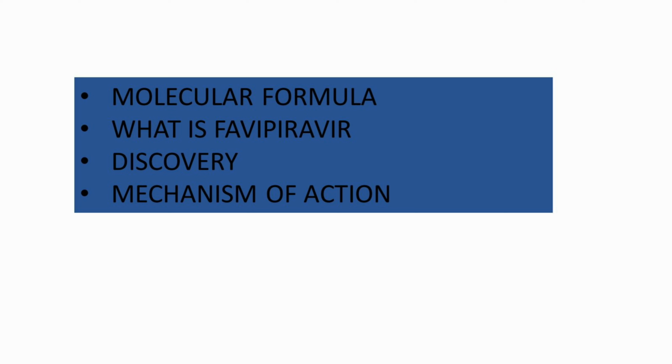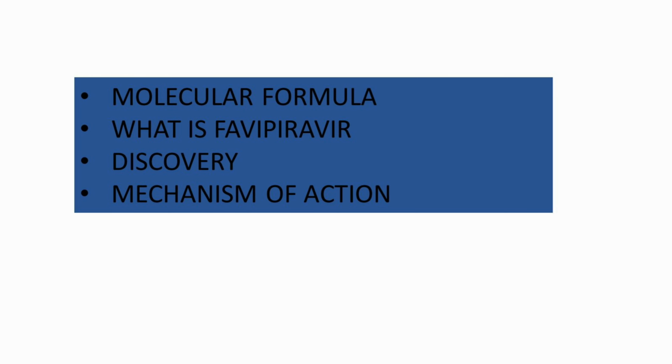The broad spectrum use of favipiravir is due to the conserved RNA dependent RNA polymerase catalytic domain, because the RNA dependent RNA polymerase catalytic domain, that is favipiravir's primary target, is expected to be similar in other RNA viruses also.